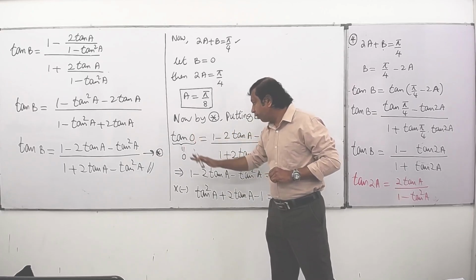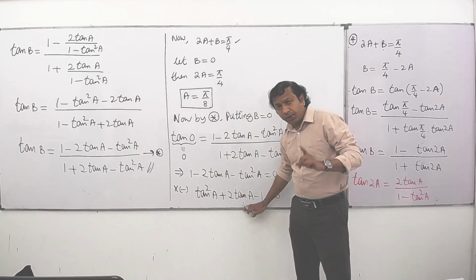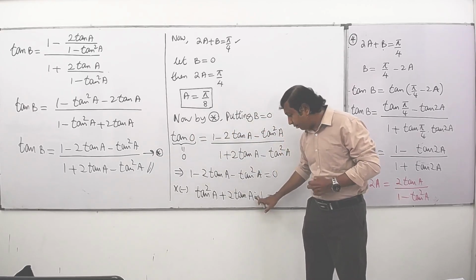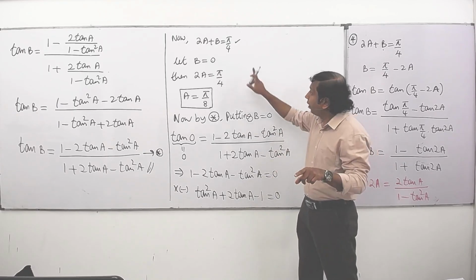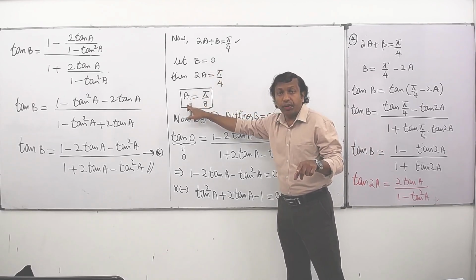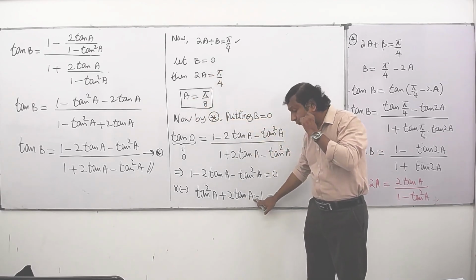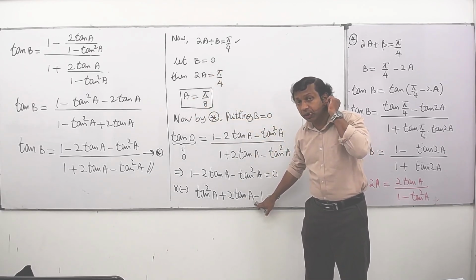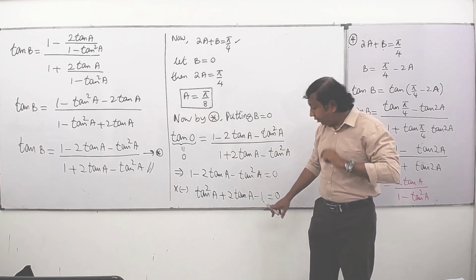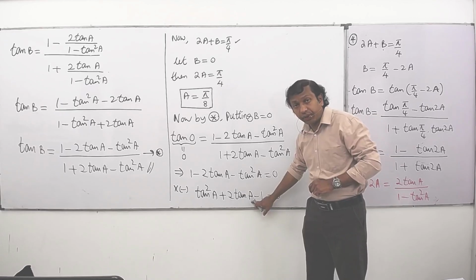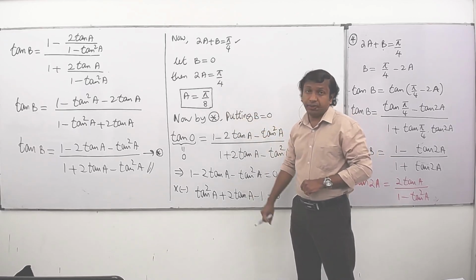Then people, this A means what? This A means the angle. What angle? When B is 0, the angle A is this angle. Understood? So therefore, this angle A should be pi by 8.